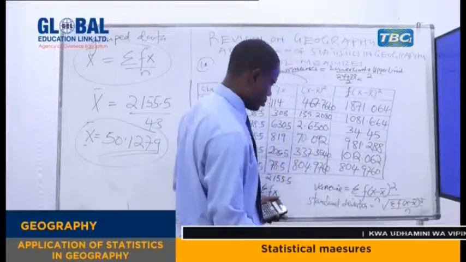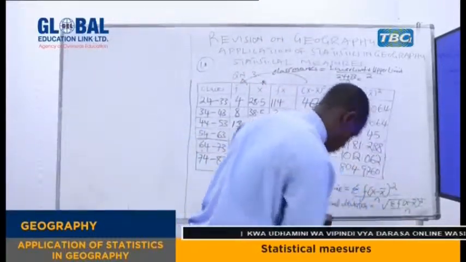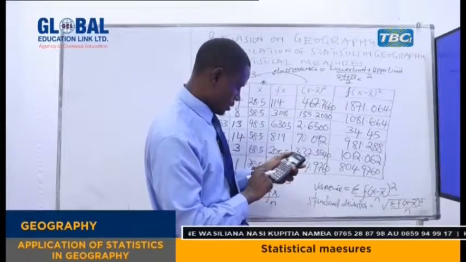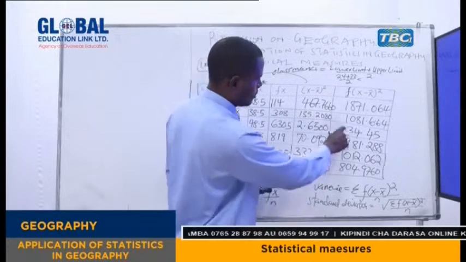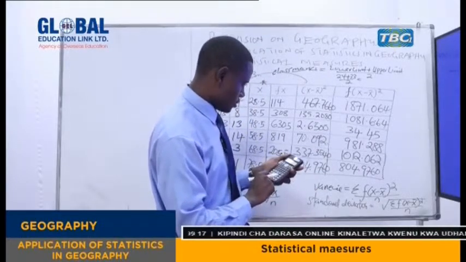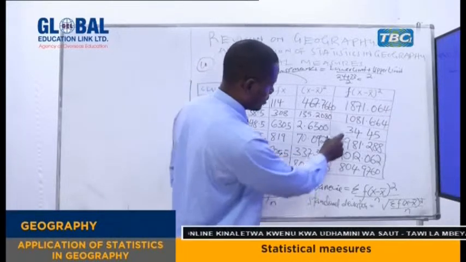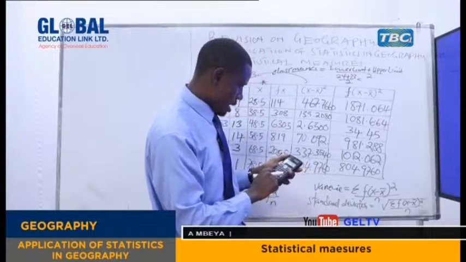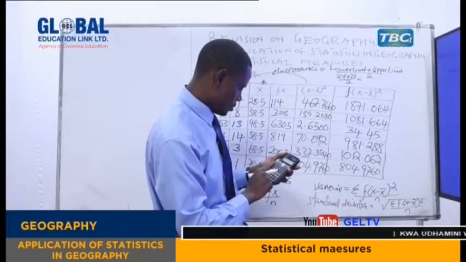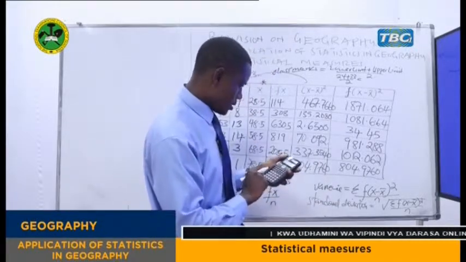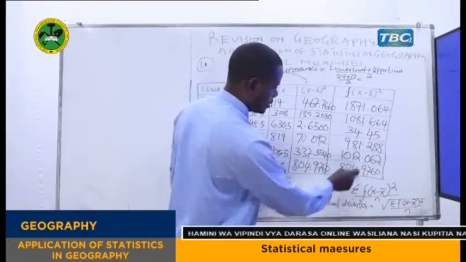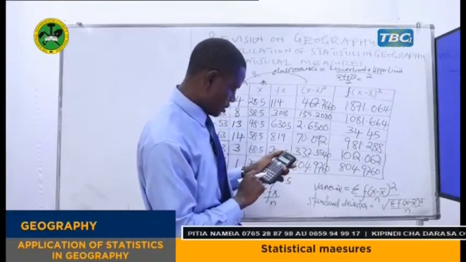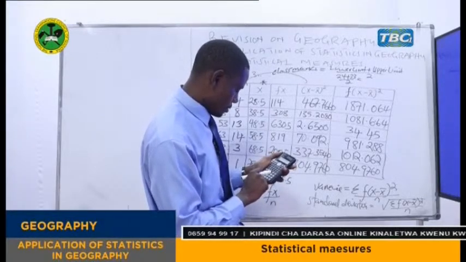So we have to sum up that column. And if we go for the summation of that column, what we do, we take 1871.064, then we plus 1081.664 plus 34.45 plus 981.288, then we plus 1012.062 plus 804.9760.